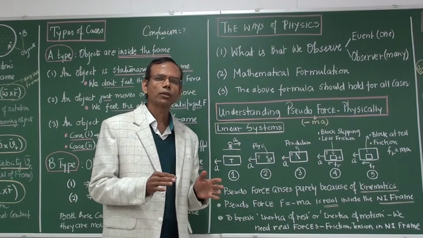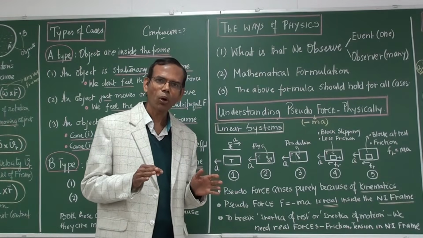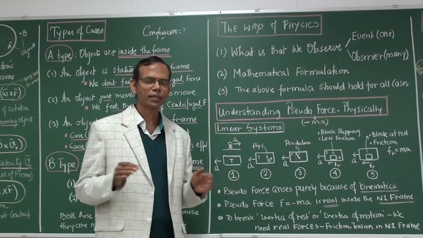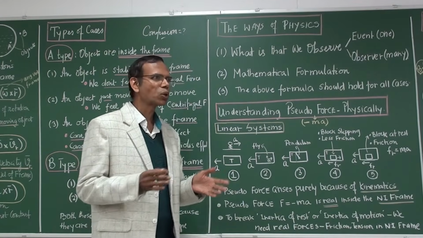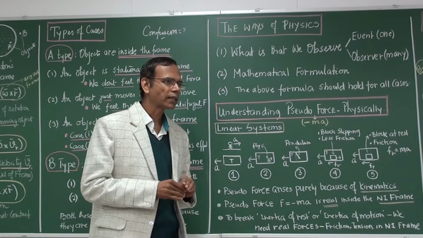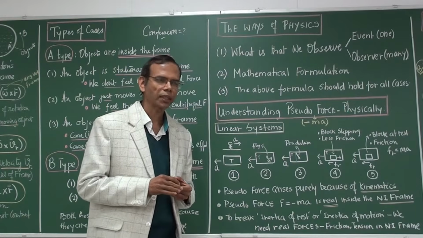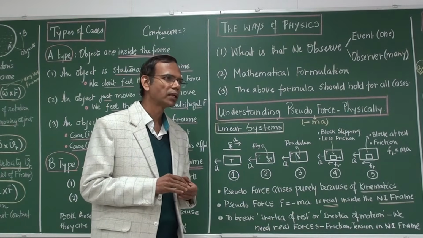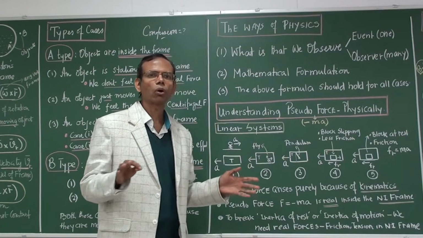Then that model should hold good for all the cases, isn't it? Like Isaac Newton, he saw an apple falling from the tree, and then he formulated the law of gravitation. That law of gravitation holds good for all objects.